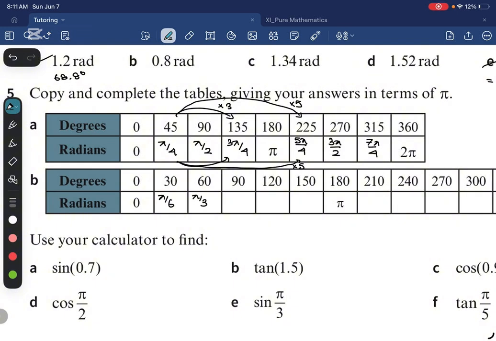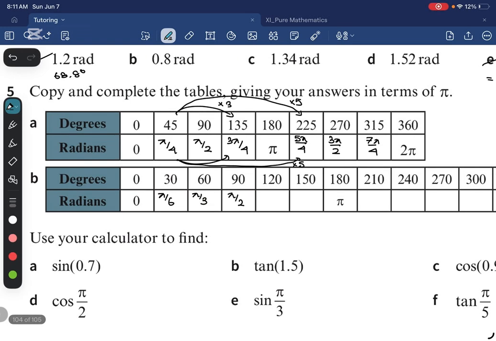60 is pi by 3, 90 is pi by 2, 120 is 60 times 2, right? So pi by 3 times 2, 2 pi by 3. 150 is 30 times 5, so it's 5 pi by 6.